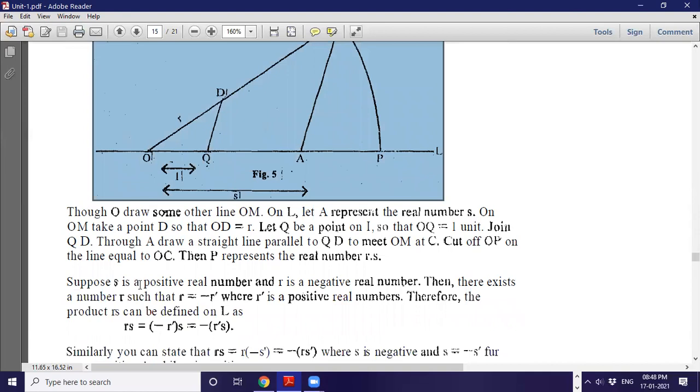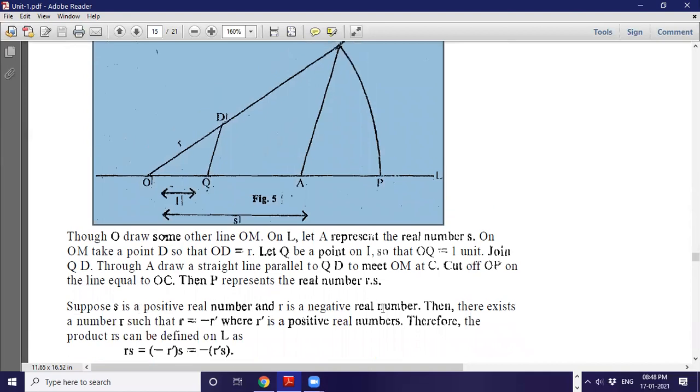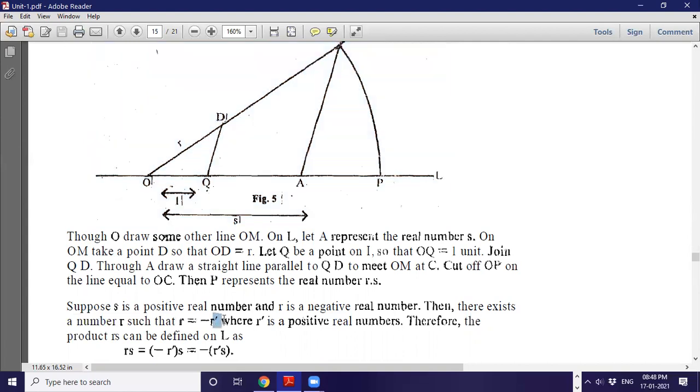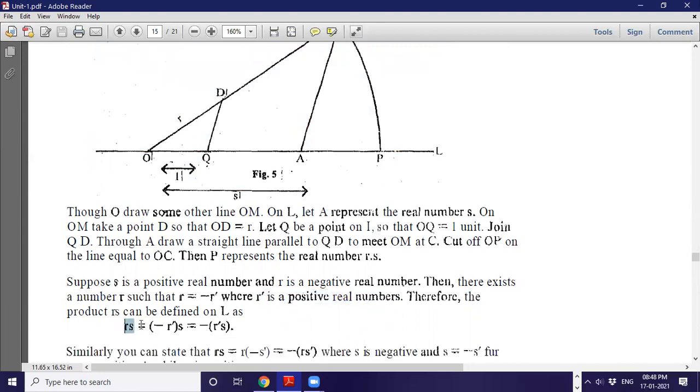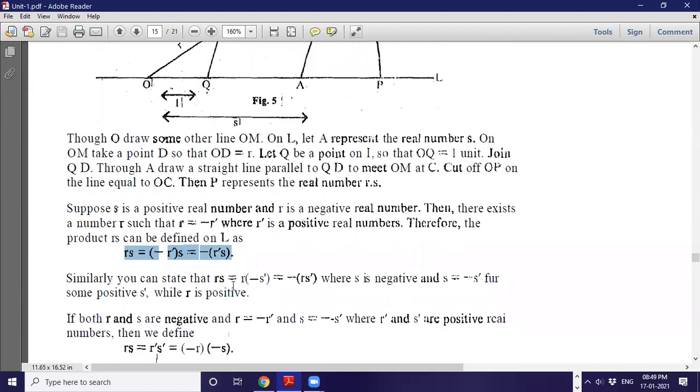Suppose S is a positive real number and R is a negative real number, then there exists a number R dash such that R is equal to minus R dash, where R dash is a positive real number. Therefore, the product RS can be defined on L as RS is equal to minus R dash S. Similarly, you can state the case where S is negative, so S is equal to minus S dash.